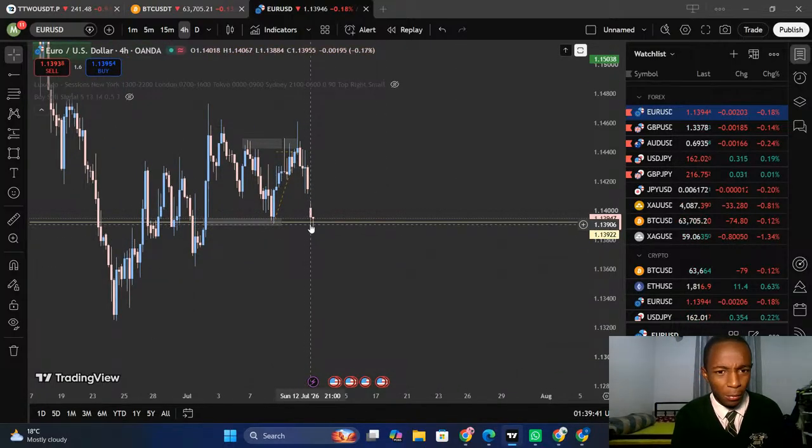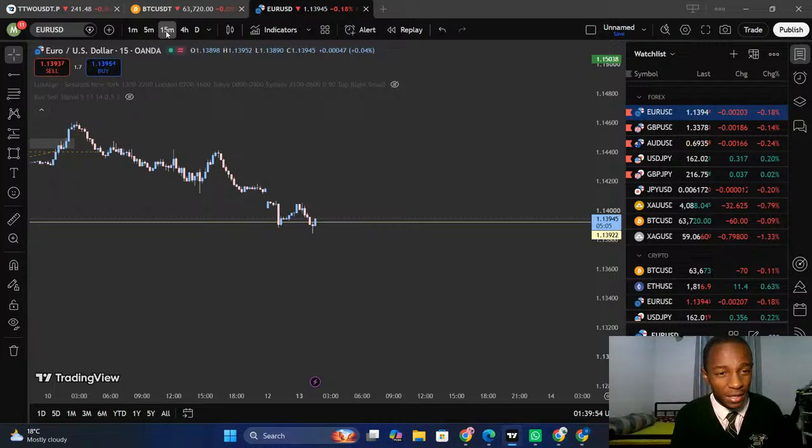We are only forming wicks below the main support level. I don't know if we're going to break below, or support it, or bounce out of it. It's really hard to be 100% sure about the markets.